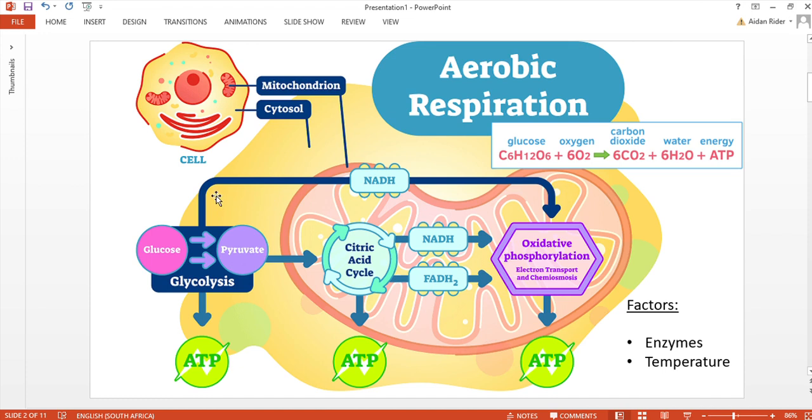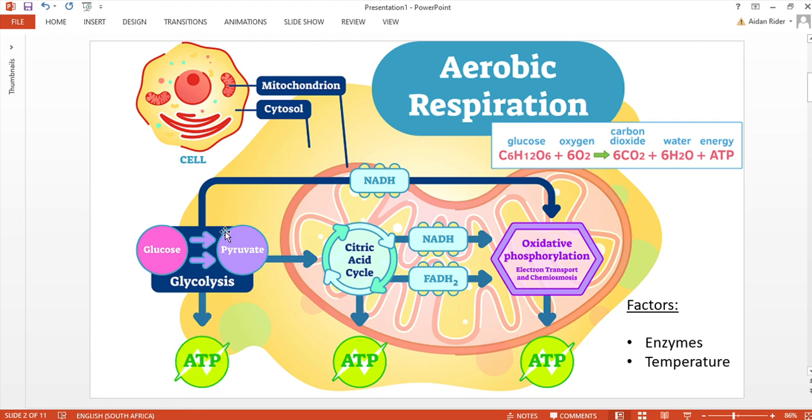Apart from that, 2 ATP, 2 of these adenosine triphosphate energy molecules, are produced, with the lightning bolt representing energy being released over here.